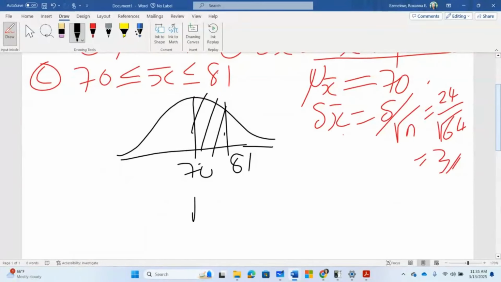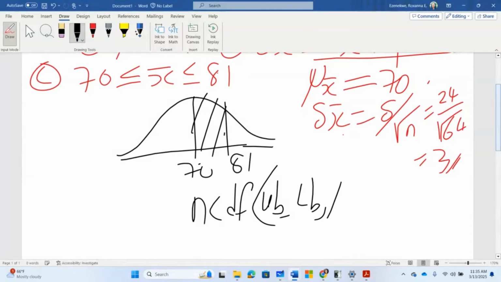Okay, so normal cumulative density function. I have to write the arguments first: the lower bound, the upper bound, the mu x bar, which is the same as the mean, and the standard error. So be careful.